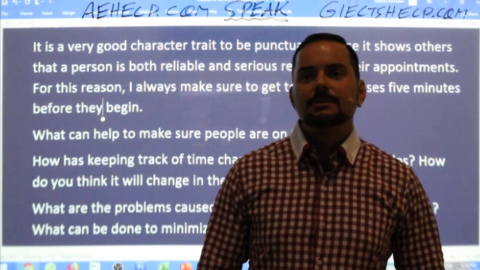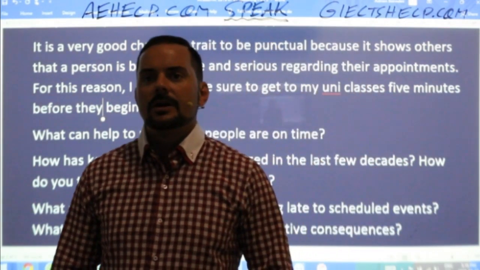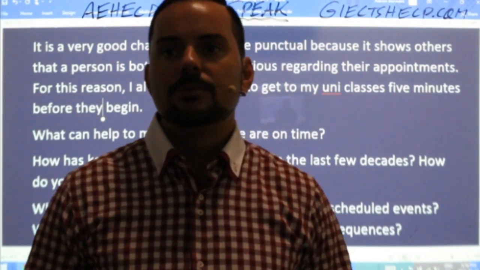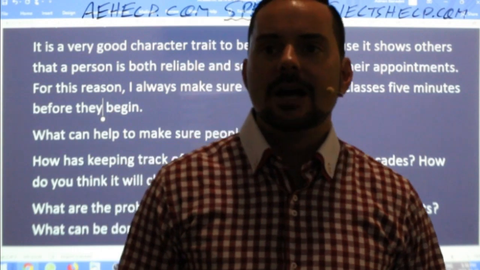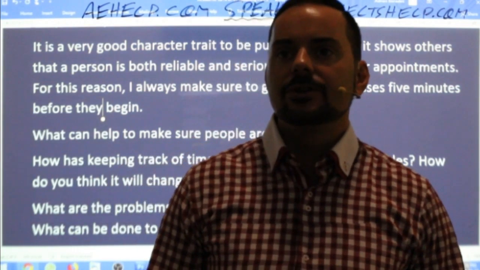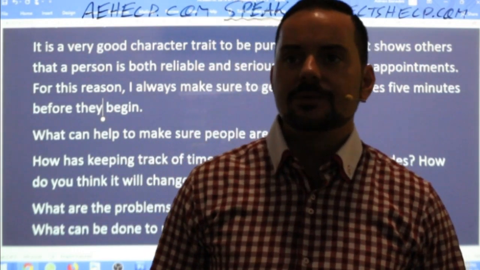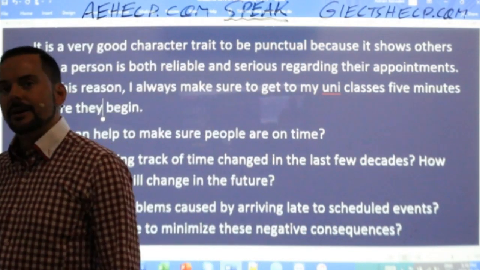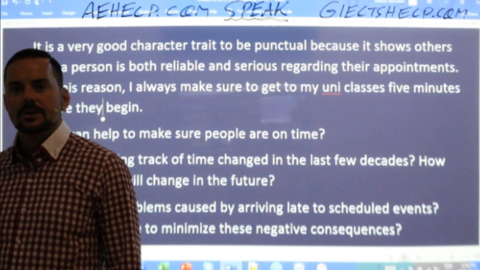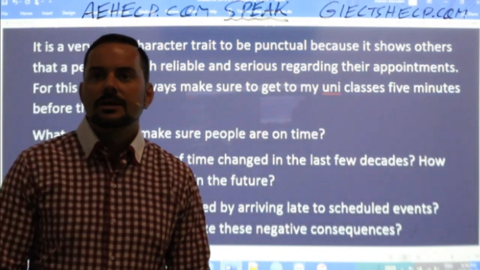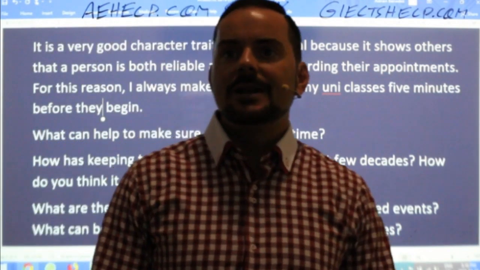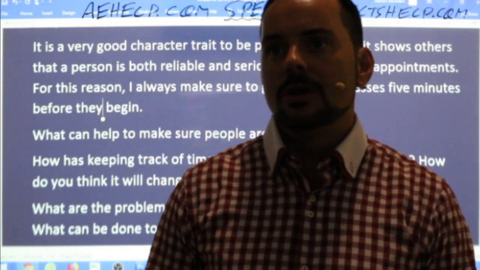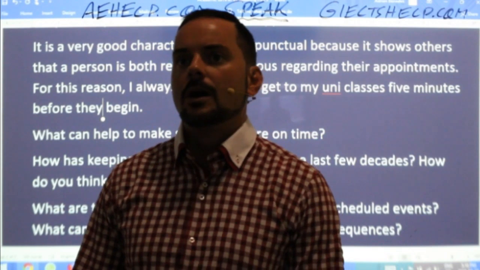Renu says, I believe that there are many which can help people to be on time. For example, put the appointment on an online calendar, a reminder on the phone, write down the task in a diary. Okay, Renu, let me correct a little bit. I believe there are many tools which can help people to be on time. Renu, you have a missing subject there.